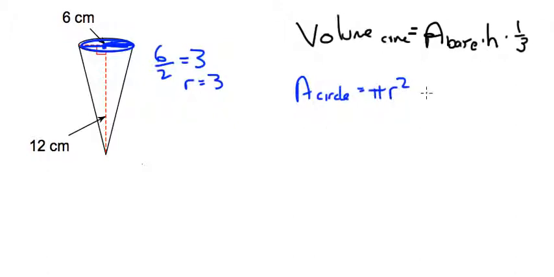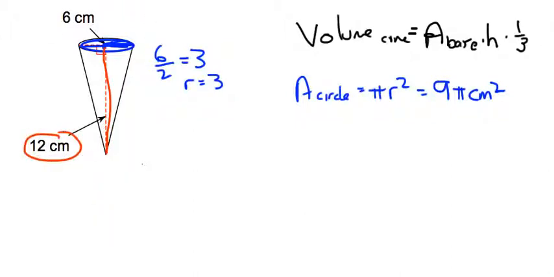So the area of the circle is pi r squared, which is 3 times 3 is 9, so 9 pi square centimeters. That's my area. Now I need to find my height, and my height goes from here to here, and that is 12 centimeters.